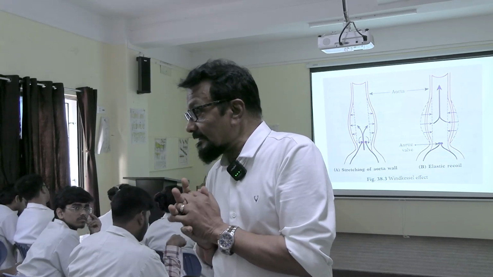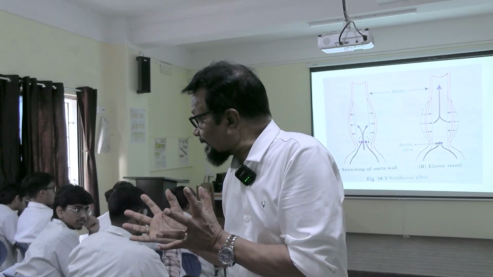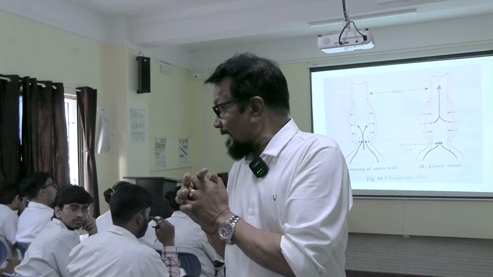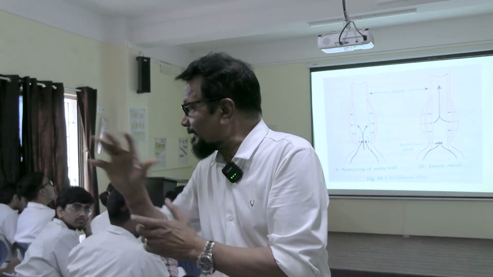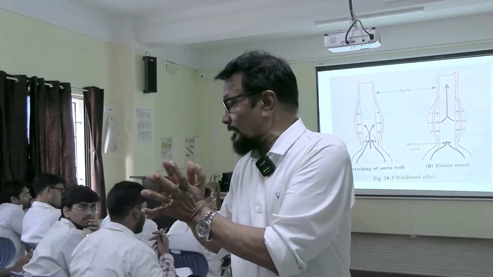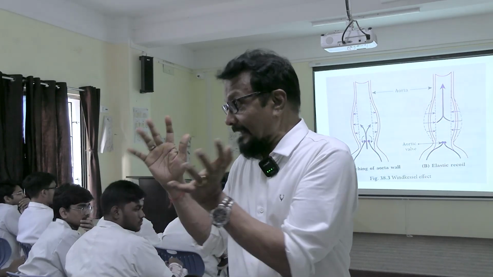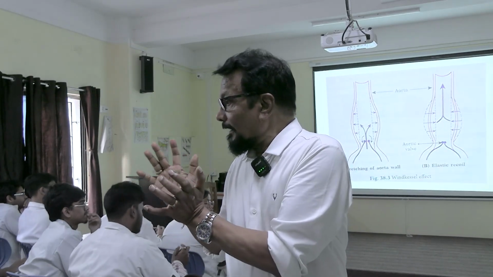How much? 70 ml. How much blood can the ventricle contain? 130 ml. During diastole, it will accumulate 130 ml of blood, but only 70 ml will be ejected. So what is the end diastolic volume of the ventricle? 130 ml.